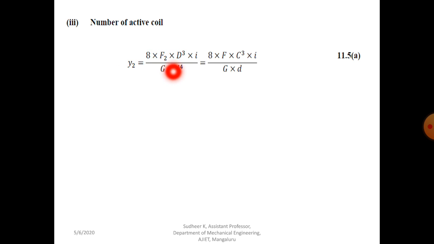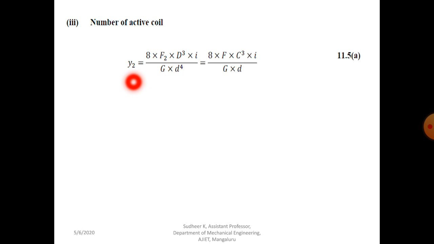There is a relation on page number 170, equation number 11.5a. This equation is for the actual deflection of the spring. The actual spring deflection for maximum load is nothing but maximum deflection, so y2 is maximum deflection.